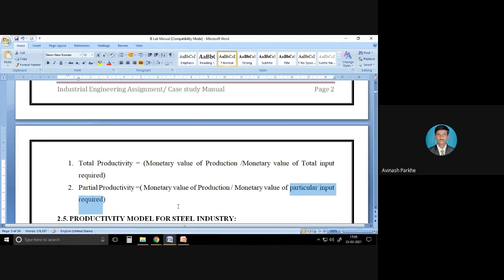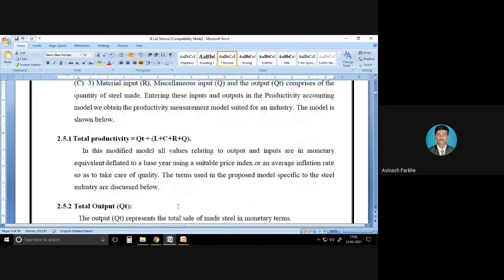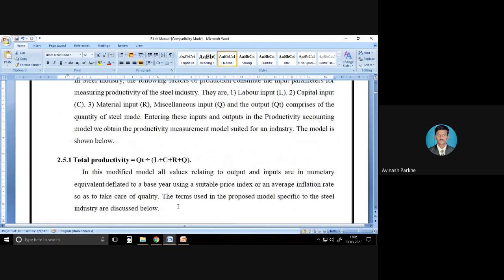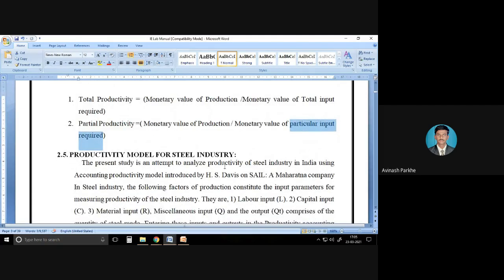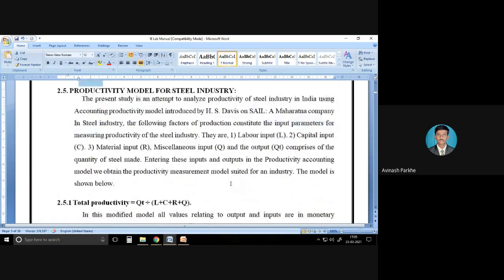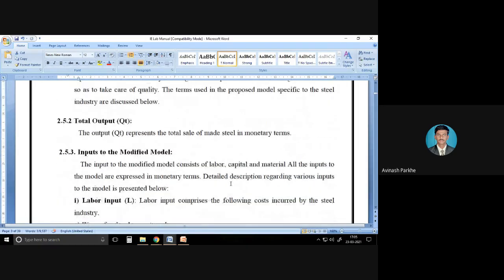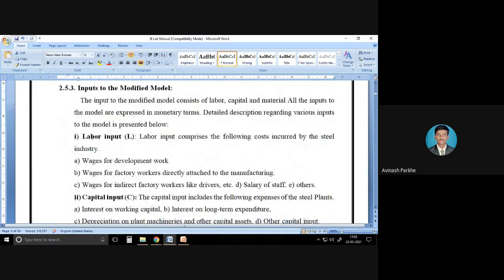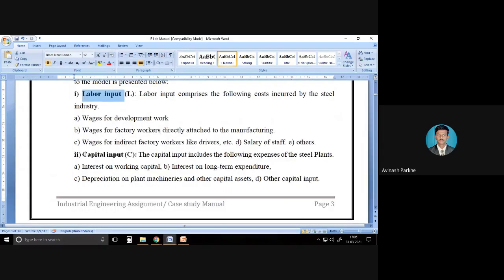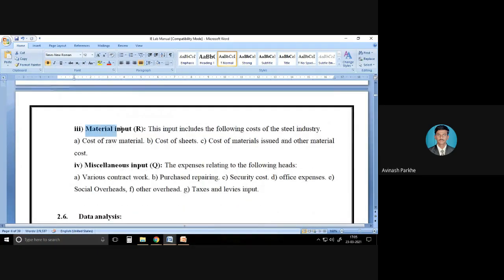Okay. So this is related to another important definition. The total productivity of that particular steel industry, that is one industry, is given. Then total output we have to measure. Inputs are given, that is, a number of inputs are there. You can see here one labor input is there, which is indicated by capital L. Capital input is there, which is indicated by capital C. Then material input is there, which is indicated by capital R. And the miscellaneous input: maybe sometimes we are using another type of energy, sometimes another type of material, sometimes another type of equipment.